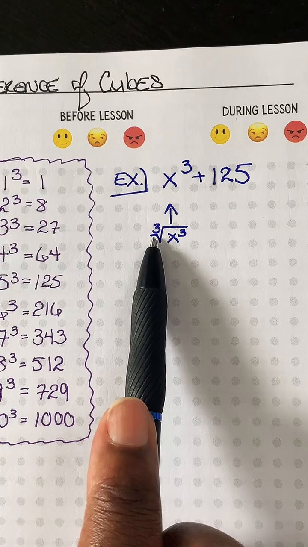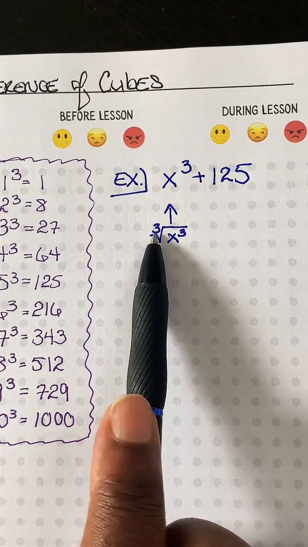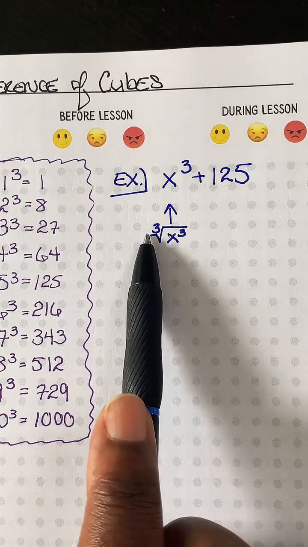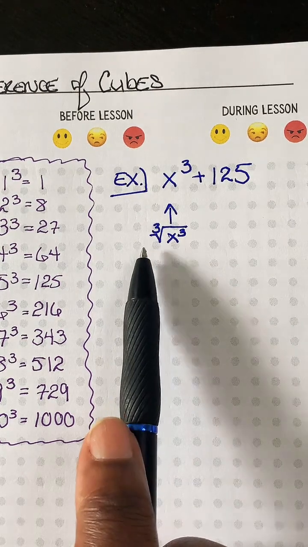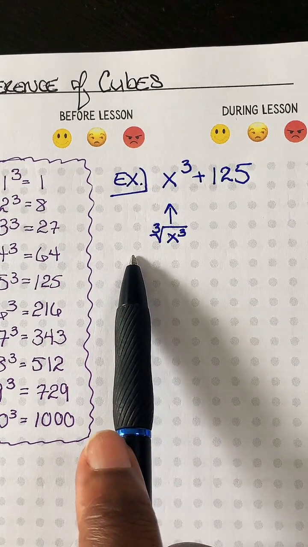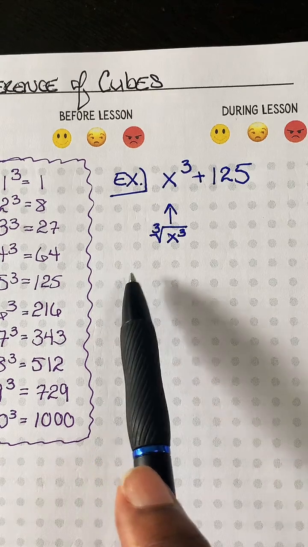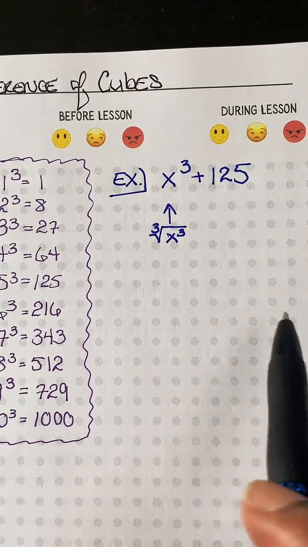Notice, unlike the square root, we have what's called an index. This index will tell you what type of root this radical is. If you don't see anything, it's automatically a square root. There is no such thing as a 1 root. You can look, but you'll be looking for the Holy Grail times infinity. It's just not going to be there.